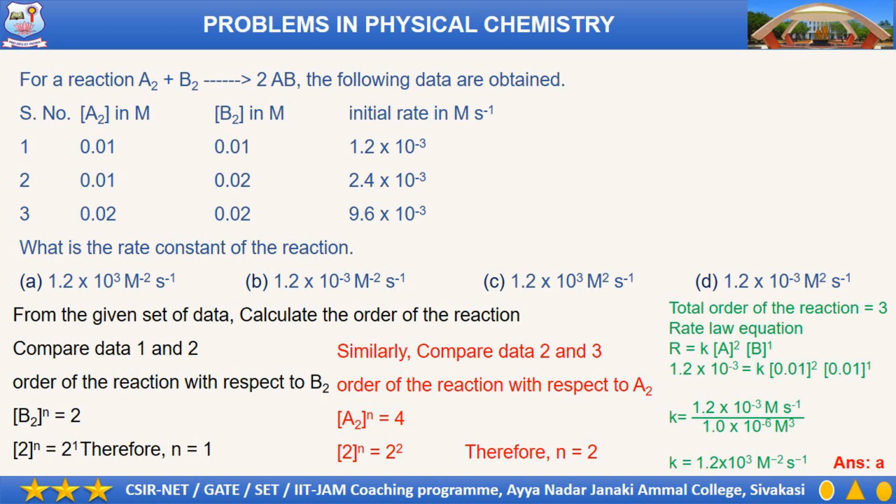For a reaction A2 plus B2 giving 2AB, the following data are obtained.